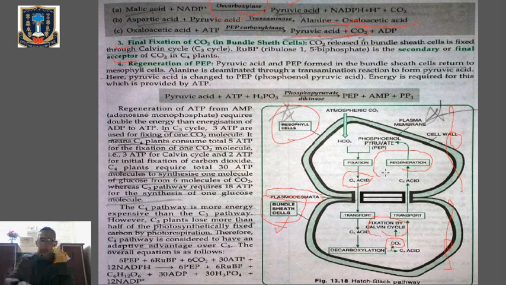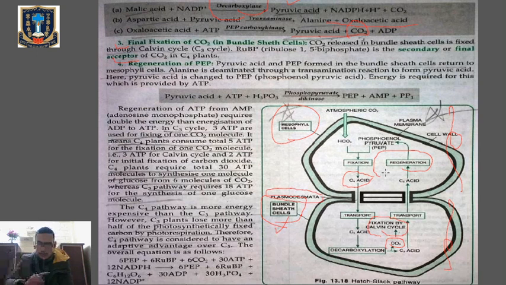Clear? So here we can see that in the C4 pathway the C3 cycle or the Calvin cycle is also occurring in the bundle sheath cells. Clear? So keep that in your mind. Now in the C3 cycle, 3 ATP were used for the fixation of one carbon dioxide molecule, that we have learned. But in the C4 pathway, 5 ATP molecules will be utilized. Why?